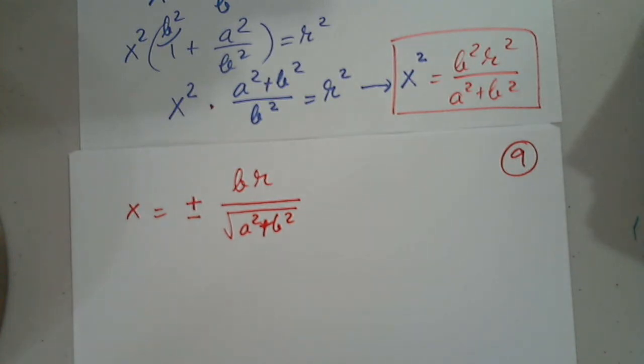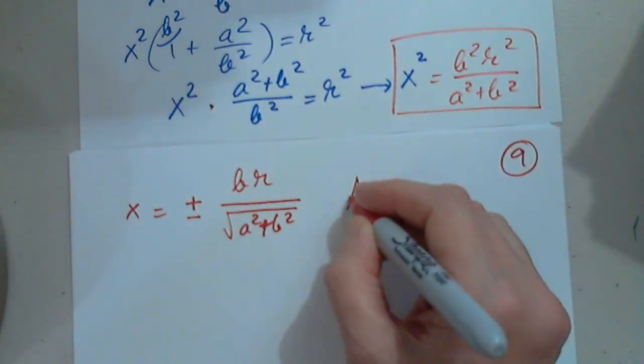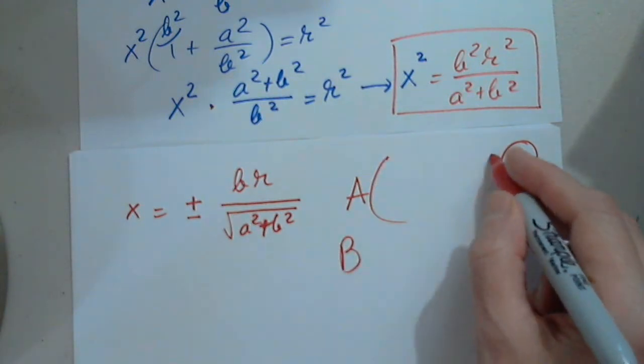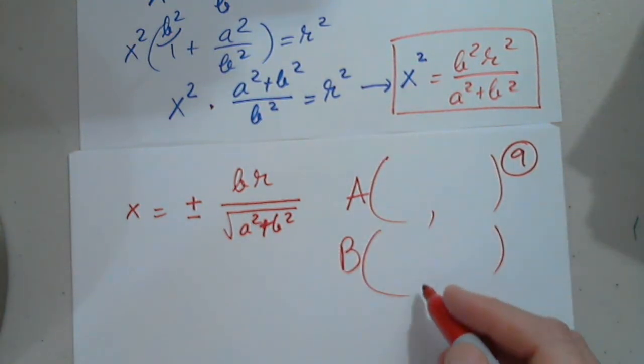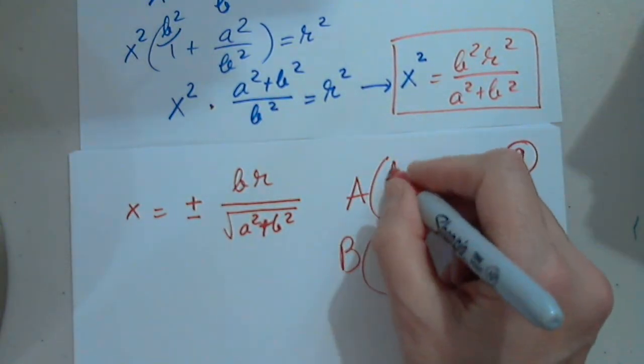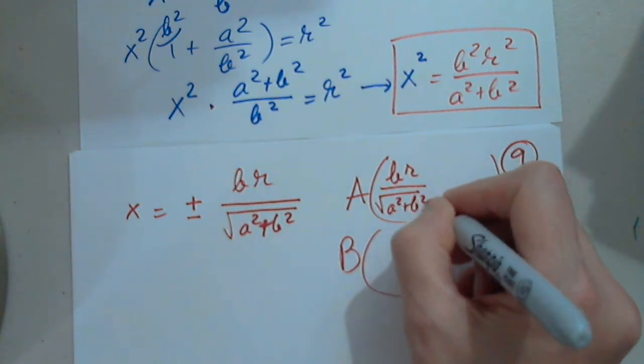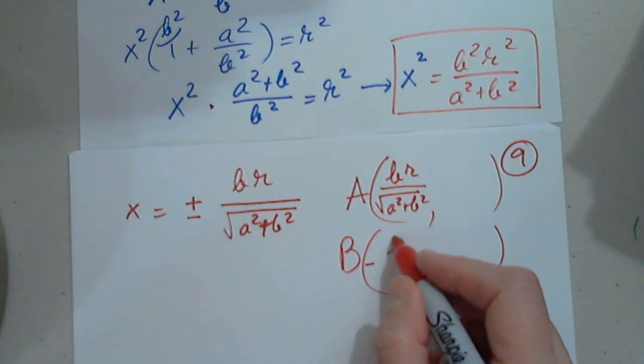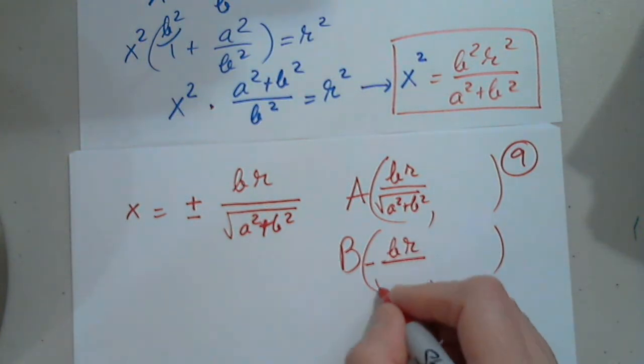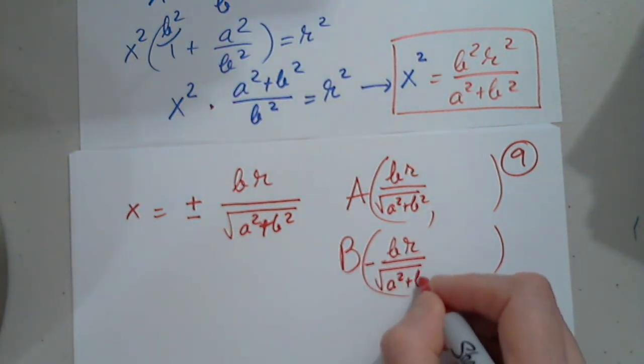So it appears that the circle is crossed by this line, normally in 2 points. I'm going to call them point A and point B. Here is br over the square root of a squared plus b squared, but this is negative br over the square root of a squared plus b squared.